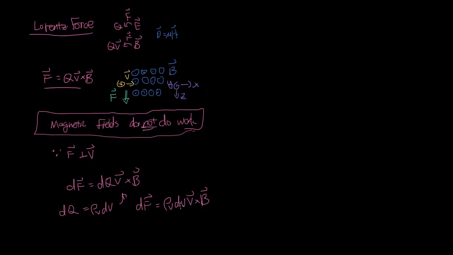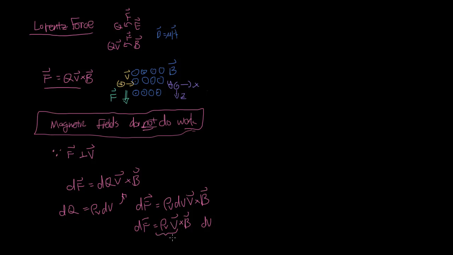So this is different than this velocity vector here, which we can then move the dv out to say that df is going to be equal to rho v cross B for a small section of volume that you would then integrate. And what's a volume charge density times a velocity?